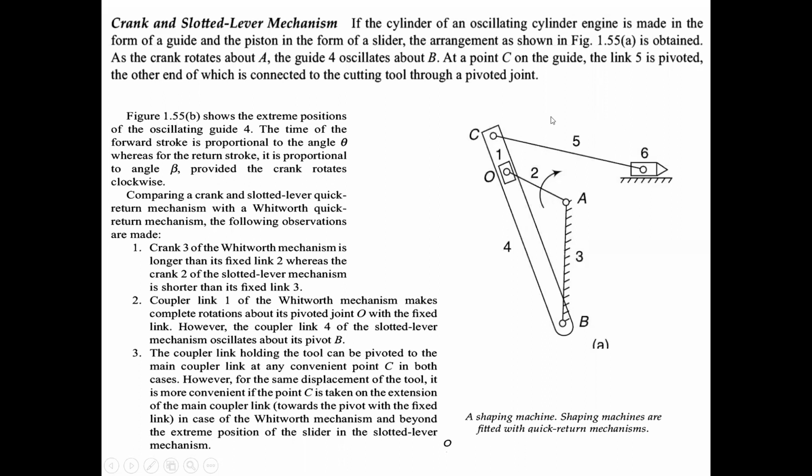That means it is an oscillatory motion. Lever 4 is getting oscillatory motion with the help of the cylinder connection. When it oscillates, it is connected with link 5, so link 5 pushes the rammer.